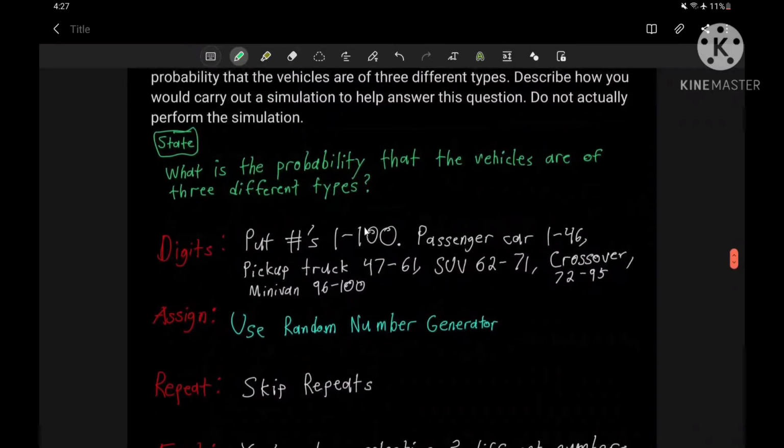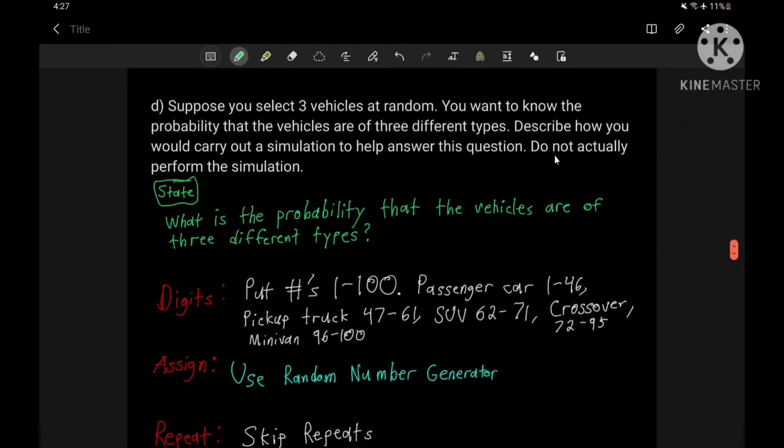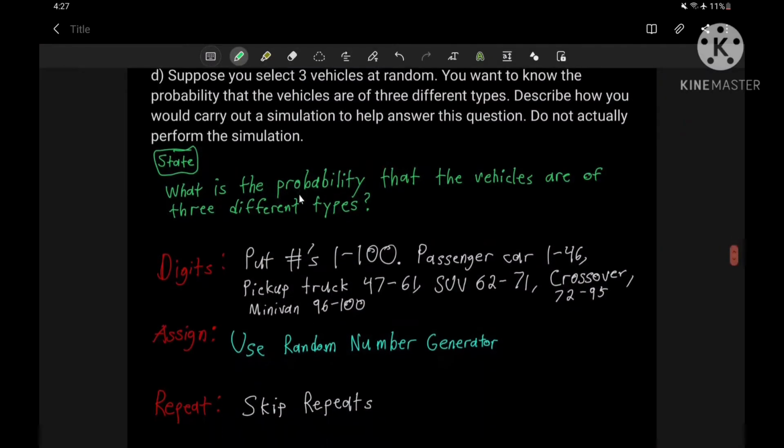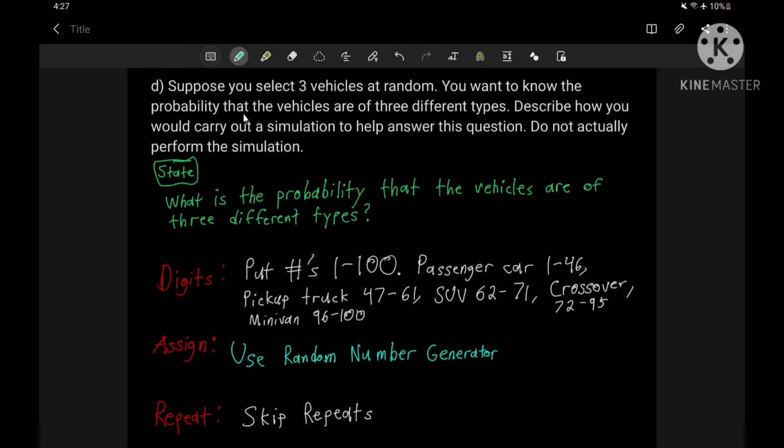I don't know what the last part is meant to be. The question you're trying to ask is, what is the probability that the vehicles are of 3 different types? That's the state for this part right here.